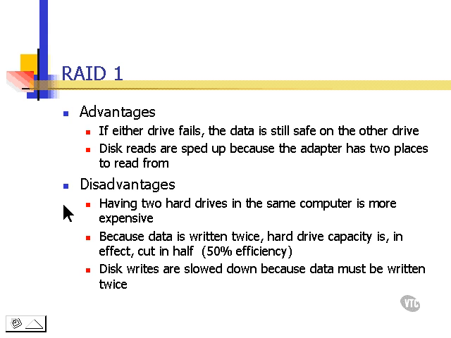But disadvantages are that having 2 hard drives in the same computer can be more expensive, and because data is written twice, hard drive capacity is in fact cut in half. In other words, we only get about 50% efficiency because we're having to write the data twice. Also, disk writes are slowed down because data has to be written twice.